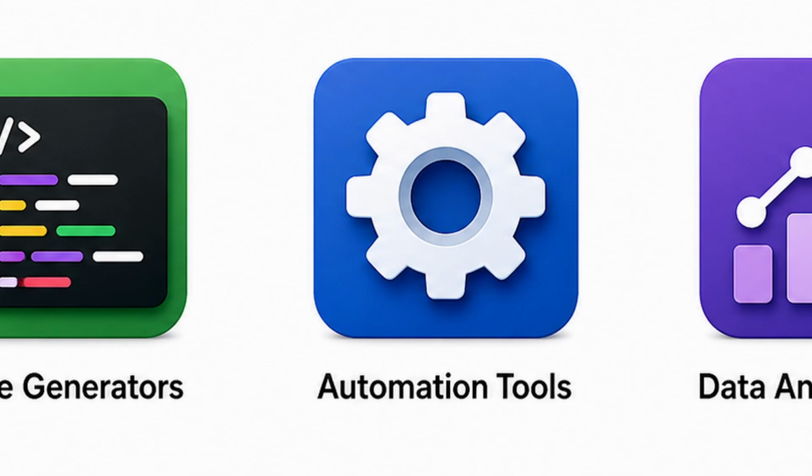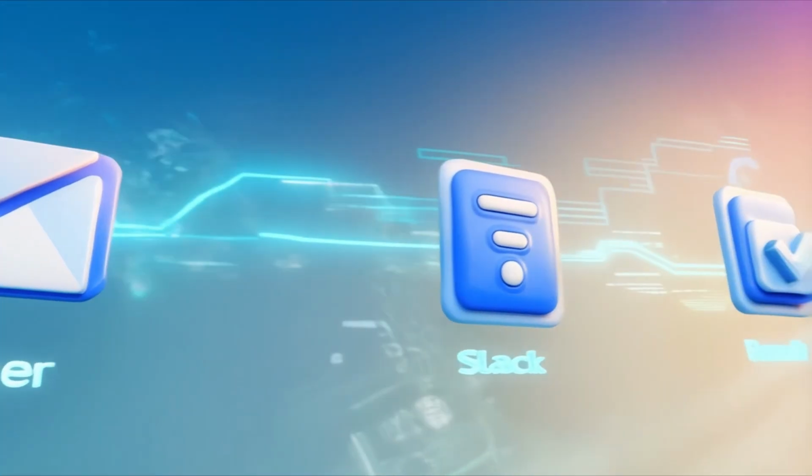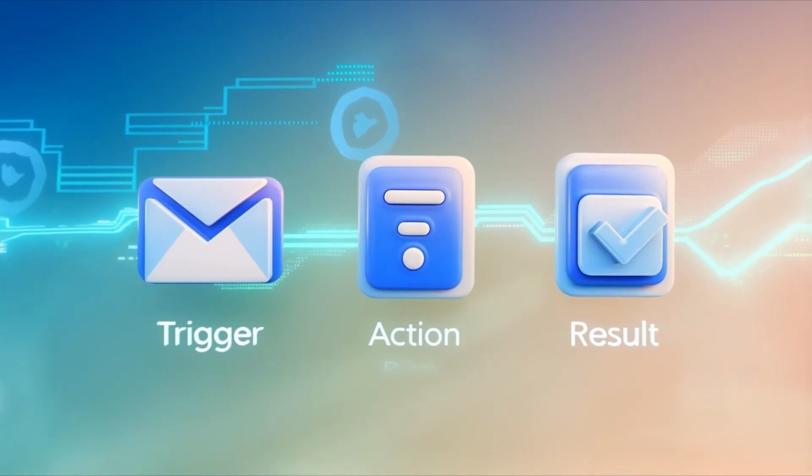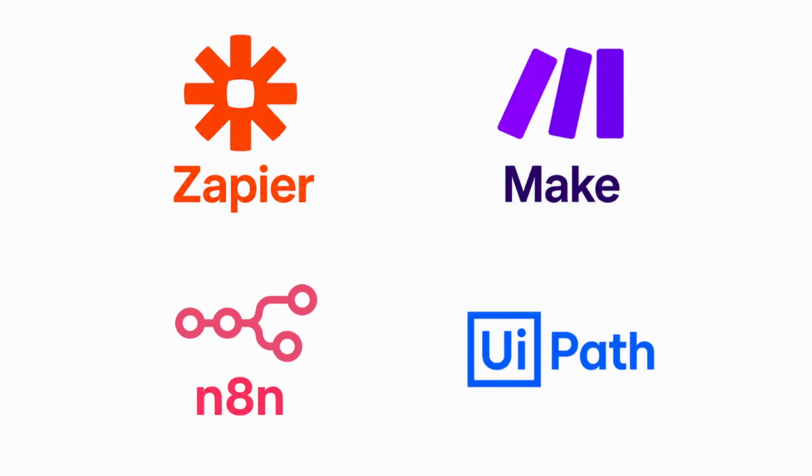Automation tools. An automation tool is an AI-powered system that performs repetitive tasks automatically, so you don't have to do them manually. It can connect different apps and run workflows based on triggers or conditions. Examples of automation tools are Zapier, Make, n8n, UiPath.